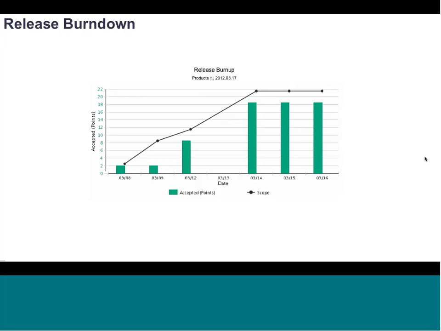And in this case, it's a burn up, so we're moving up. Because as something is accepted, you would expect that line to sort of grow, right, to increase in size. So total scope of work in the release is represented by the black line. Again, you can hover over the bars. This is very different than a burn down because it includes that scope line. And again, you can start looking for, why is that line staying sort of the same there?